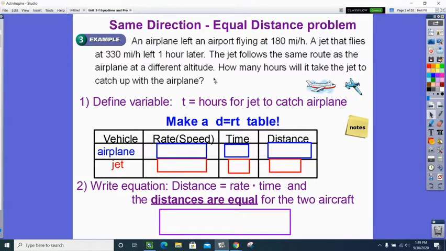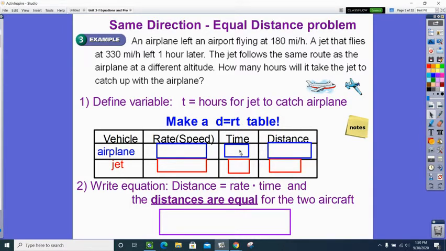Right off the bat, when I read that question, that's going to be my unknown: the number of hours for the jet to catch up to the airplane. And if I make that my unknown, my answer to my solution steps will answer the question asked.